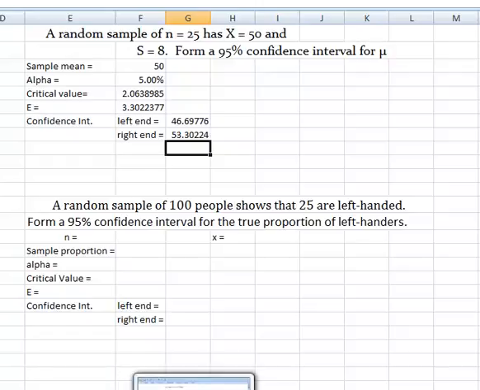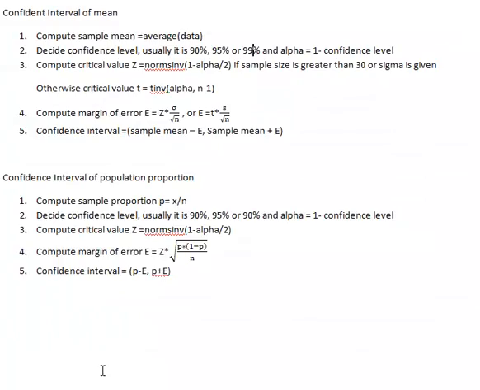Now let's go back to computing the confidence interval for a population proportion. First we compute the sample proportion P. P is X divided by N, where X is the number of people surveyed who say yes, and N is the whole sample size.